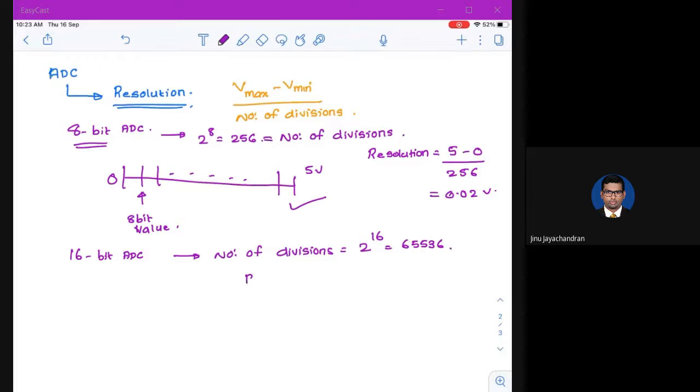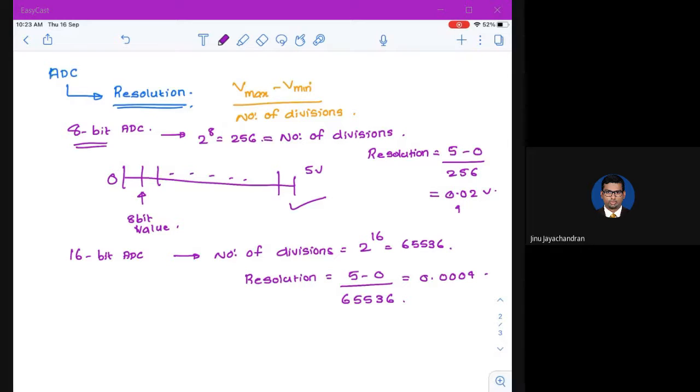So the resolution is 5 minus 0 by 65536. And you can see that this will be a very, very small value when you compare with this. Okay, so this will be like 0.0001 or something like that.